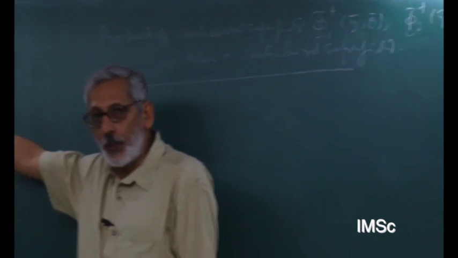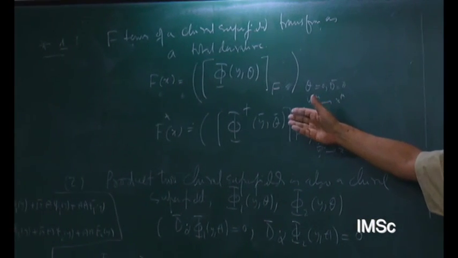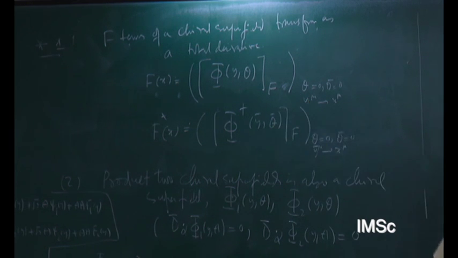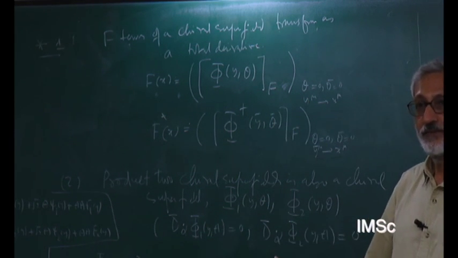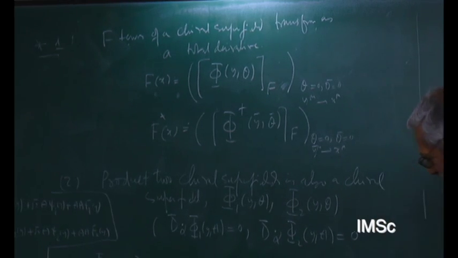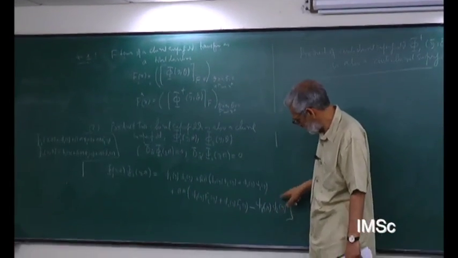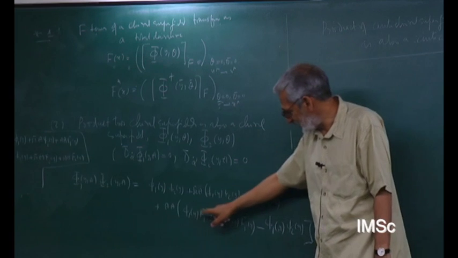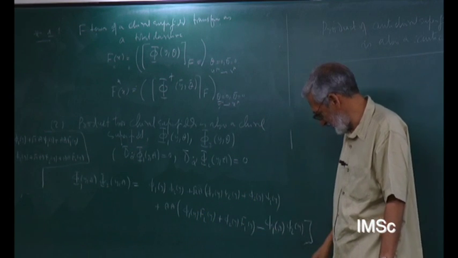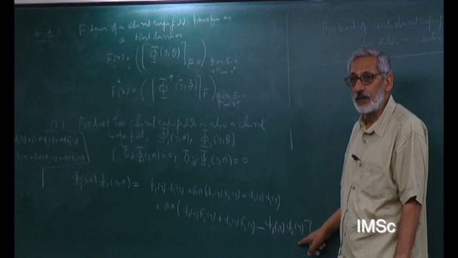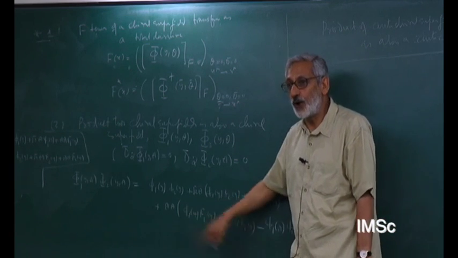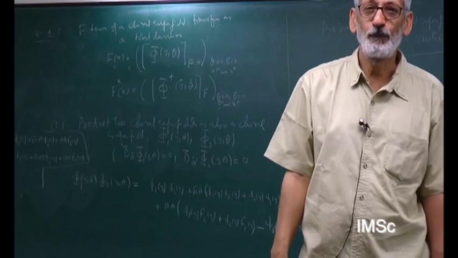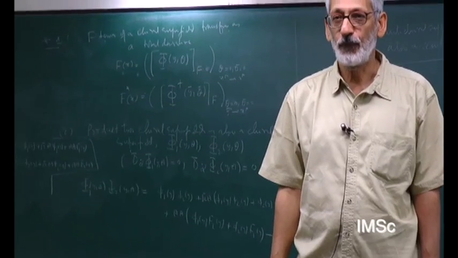We learnt this property, that the F component of a chiral superfield always transforms as a total derivative. Now I have constructed a product chiral superfield whose F component, the theta theta component, is this combination. It's phi 1 F2, phi 2 F1, and psi 1 psi 2. So then this combination together also will transform like a total derivative. Right?